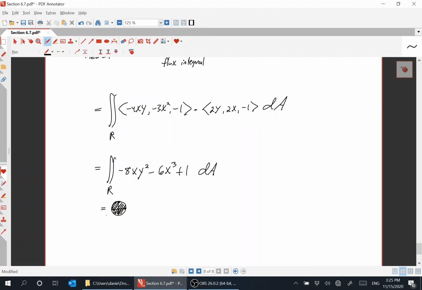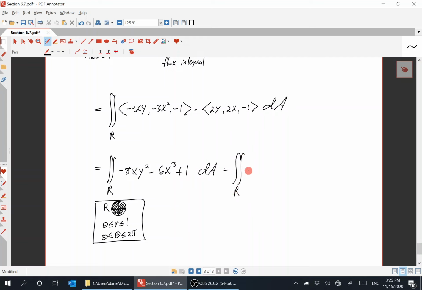Right? So since we're working with the unit circle here, probably we want to go to polar coordinates. Okay, so let me rewrite this a little bit so it'll be easier to transform to polar, where 0 less than r less than 1, 0 less than theta less than 2 pi. Right, so that's the region R. So we got some x squared and y squared stuff.